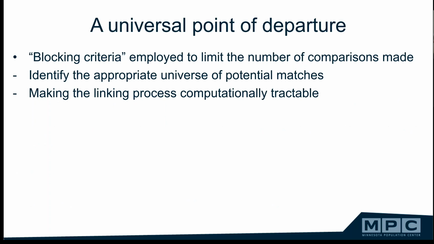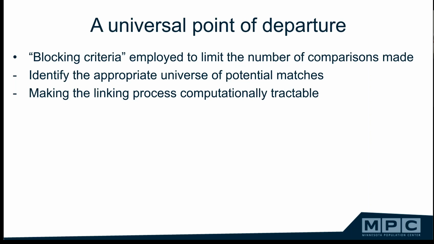Every observation from source A, or census A, will be compared to a number of records from source B. The more limited we can make this number of comparisons, the more computationally tractable the process will be. I think this makes sense, right?